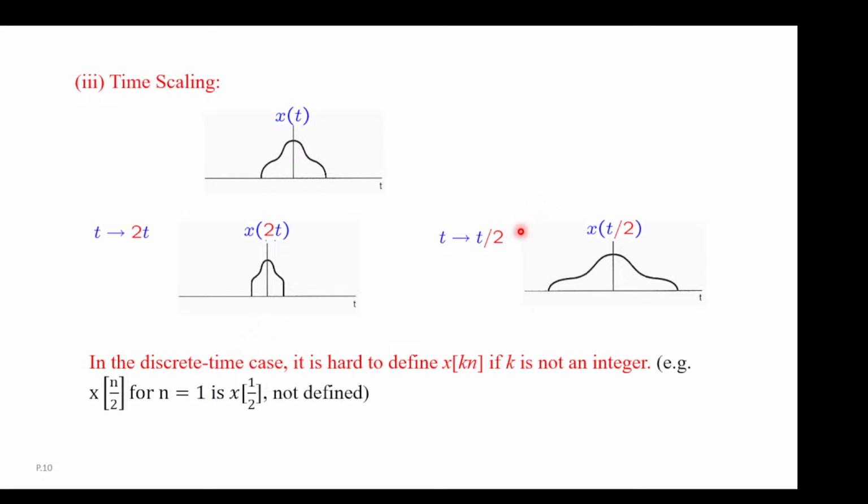On the other hand, if you multiply by a number that's less than 1, then obviously your signal gets stretched out. So what happened at time 1 now needs to happen at time 2. Okay. So you multiply by a bigger than 1 number, signal gets compressed. Multiply by a less than 1 number, signal gets stretched out.